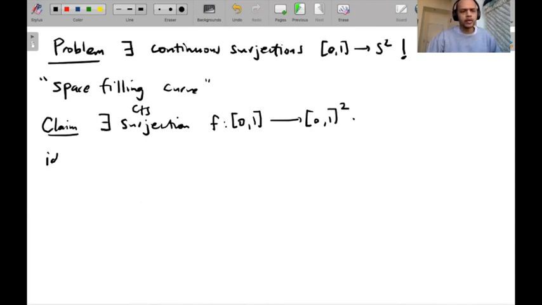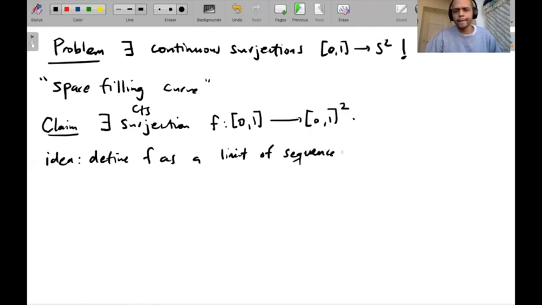So the idea is to define f as a limit of a sequence of maps Fn. I'll put this in quotes and say a little more in a second, but now let me tell you what these maps Fn are.